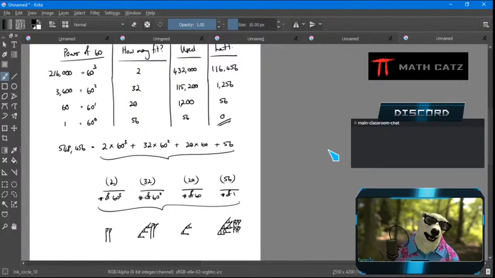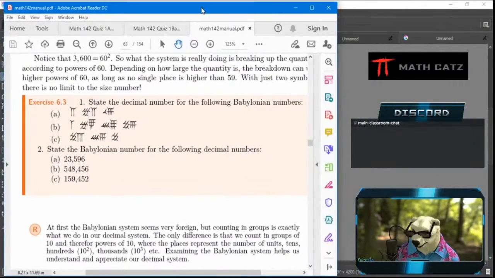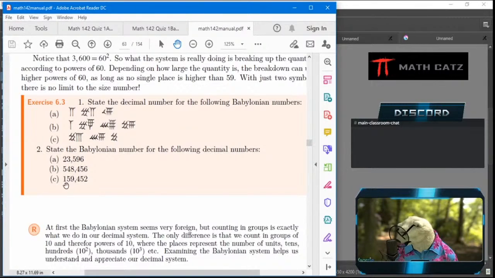I'm also, in the interest of saving time, going to leave the last exercise because it's just more of the same. Feel free to practice this: 159,452. You can send me your answer, verify that it's correct. It's just more practice that you can do.